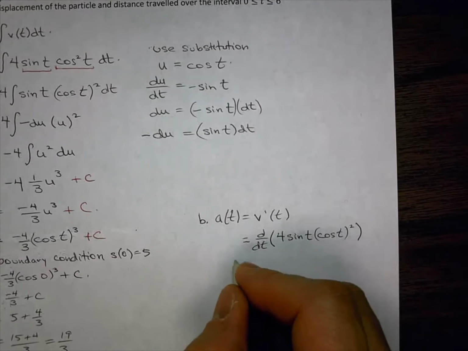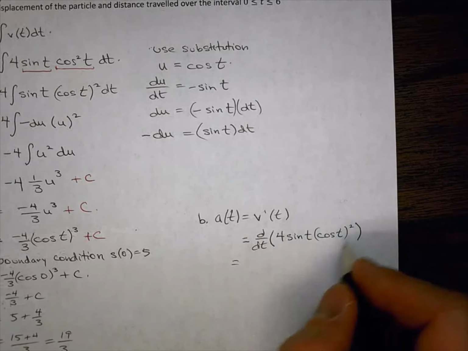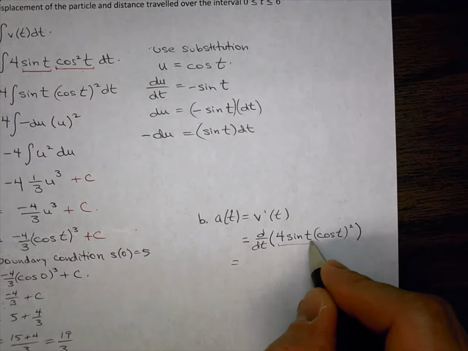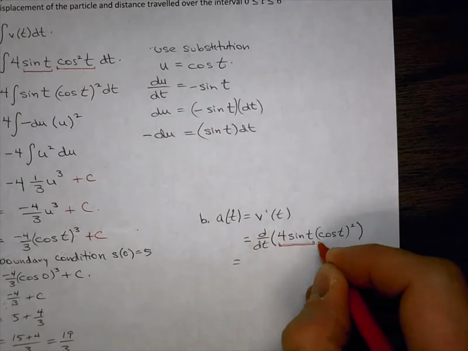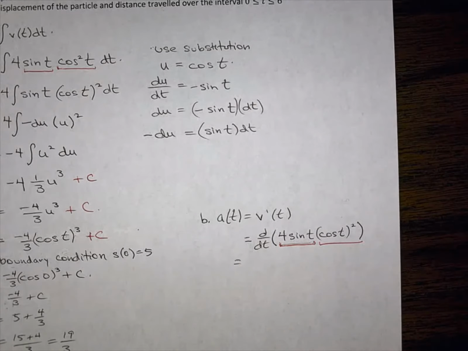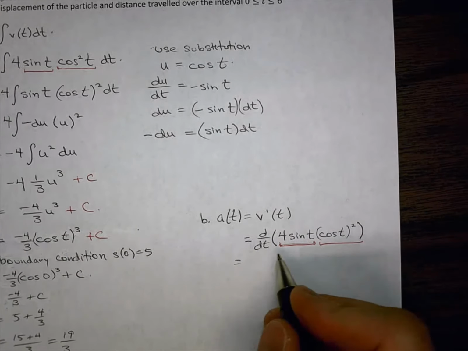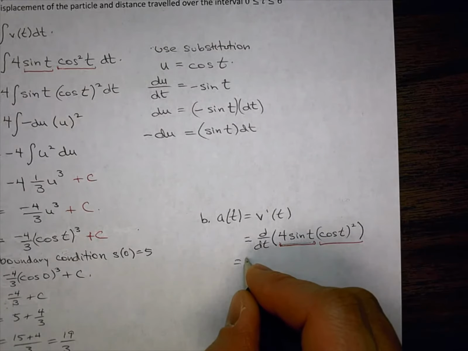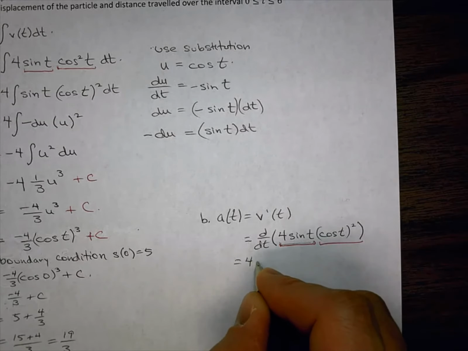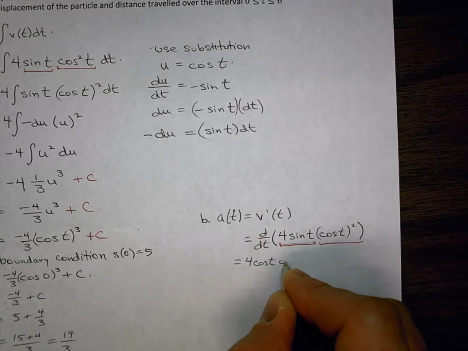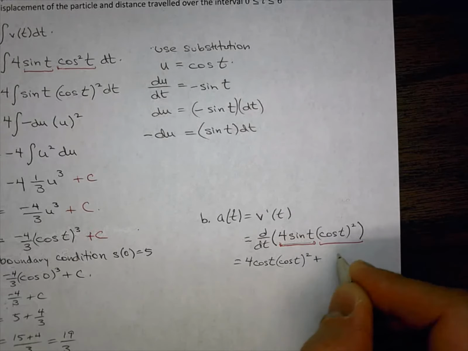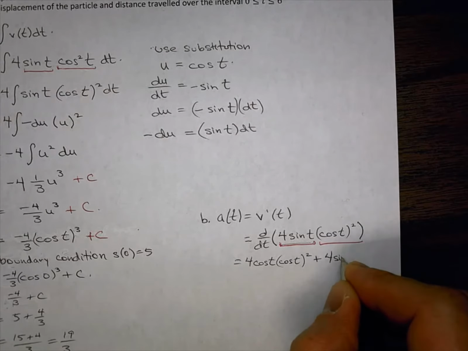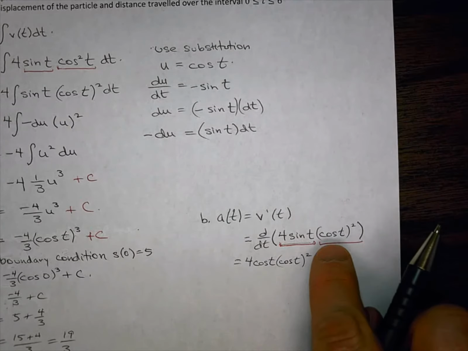This could be problematic as well. So I have to use product rule here. So I'm going to join these two together, and I have, let me write that in, there's 1 and there's 2. So here we go. The derivative of the first thing, the derivative of sine is cos, so 4 cos t times the second thing, cos t squared, plus the first thing times the derivative of cos t squared.